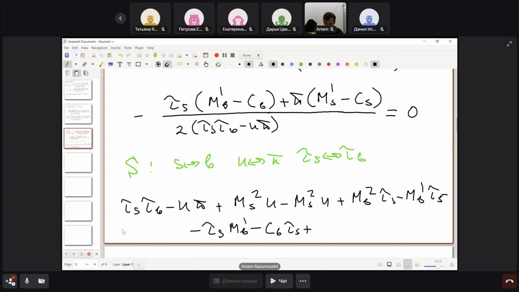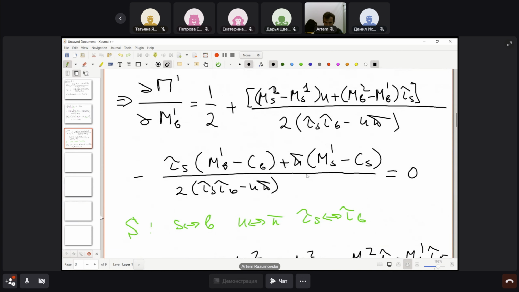What is the last row? What do you mean? I mean, the second derivative. So I just opened this equation. Okay, so I multiplied everything by 2 by the denominator, and then opened the brackets.